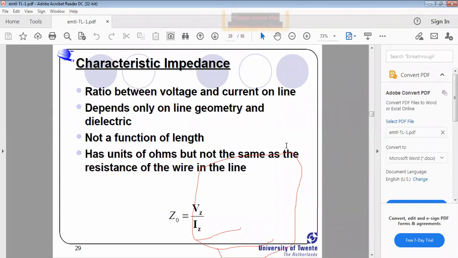The notation for resistance is R, and for impedance the notation is Z. The ratio between the voltage and current on a line is simply defined as impedance. It depends only on the line geometry and dielectric, and they consider it for AC. The characteristic impedance is not a function of length; it is defined anywhere. Of course, the units are the same, ohms.